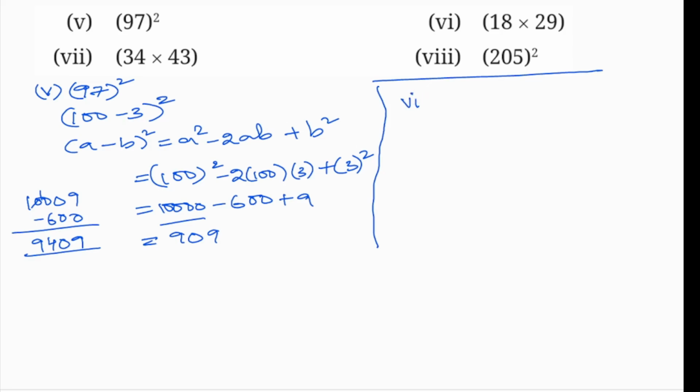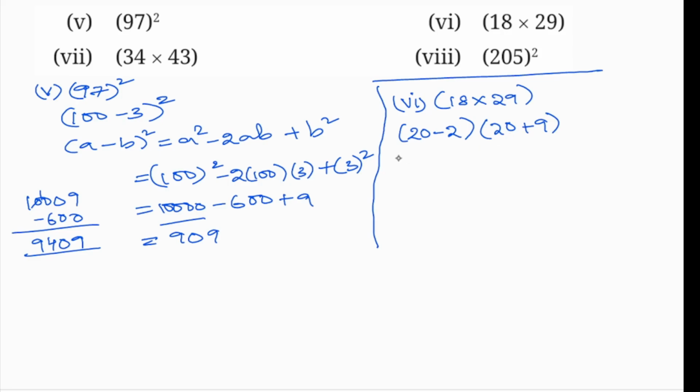Next will be the sixth bit, 18 into 29. 18 can be written as 20 minus 2, and 29 will be 20 plus 9. So what is happening?